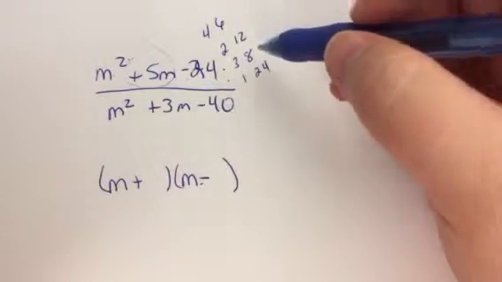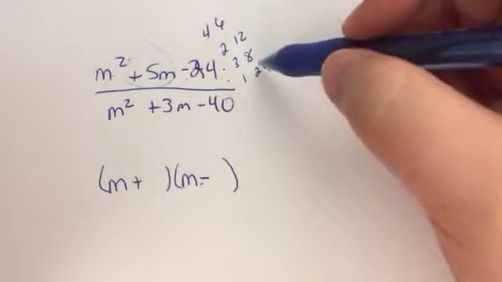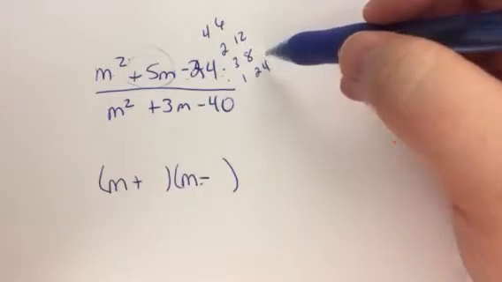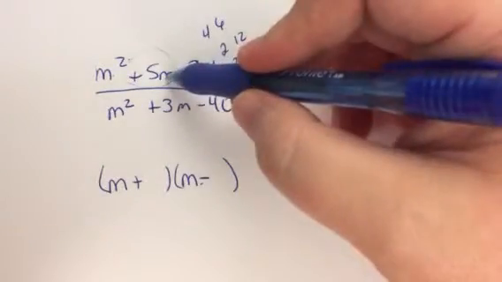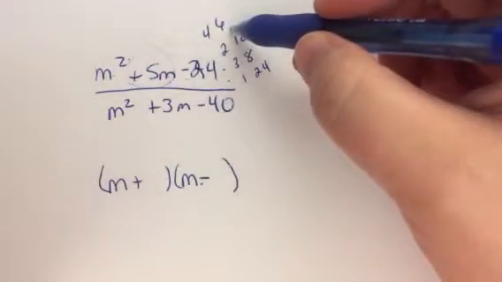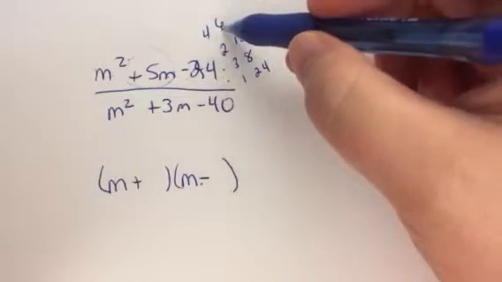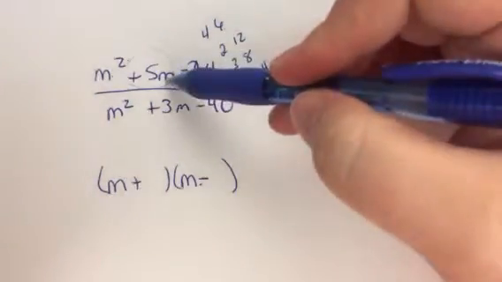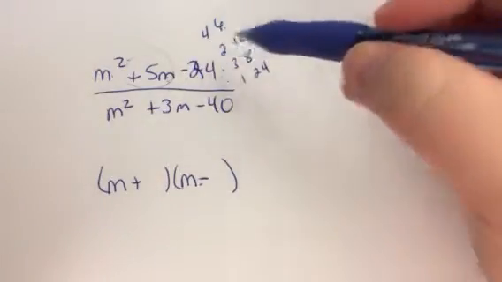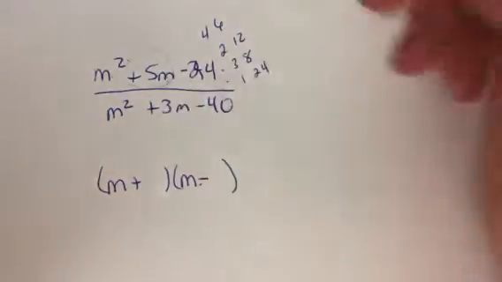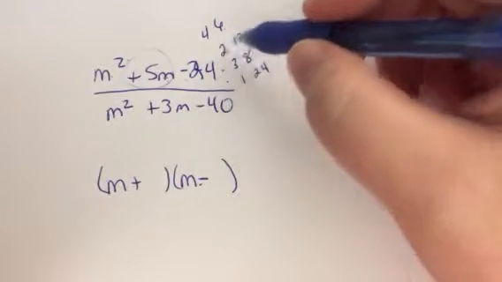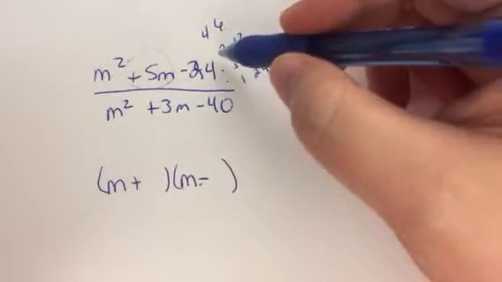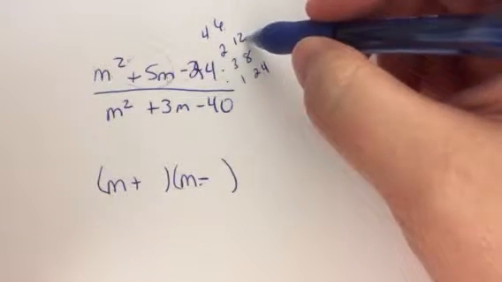So we need to add two factors together where one is negative, one is positive, and we get a positive 5. If we look at our 4 and our 6, 4 plus 6 in any way, shape, or form is not going to give us a positive 5. You could get a positive 2, a negative 2, and that sort of thing, but you couldn't get a positive 5. Looking at your 2 and your 12, if the 2 were negative, we'd get a positive 10.